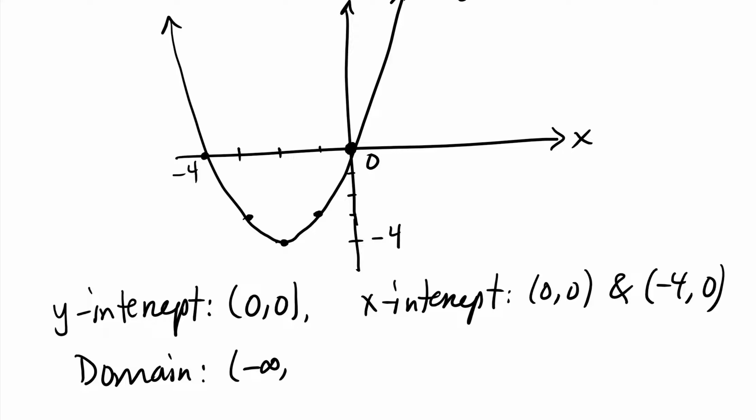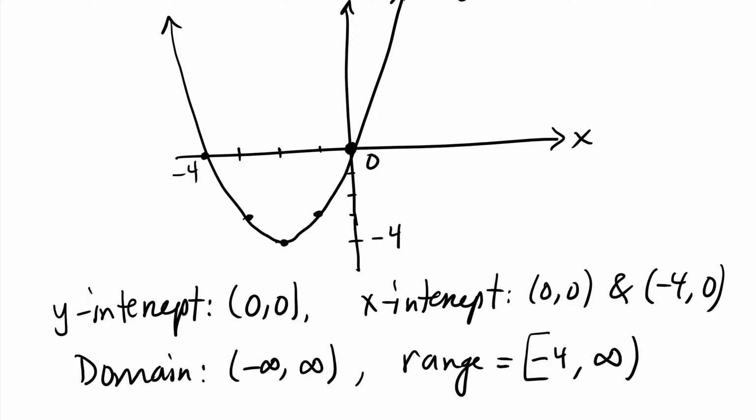Is all real numbers. The range, if you start from the bottom up, you first get across -4 all the way to infinity. Or you can say y bigger than or equal to -4. Either way would be fine.